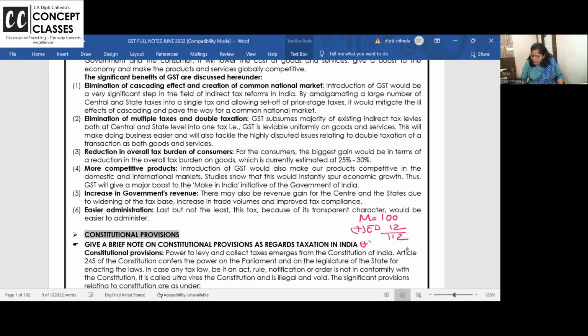On 112, CST was charged, interstate sales tax, say 10%: 11.2. Are you all getting it? So sales tax was charged on the sale value plus excise duty. This is just an example; if you don't write it also it's okay. But when tax on tax was charged, it was called the cascading effect. It is not there now.